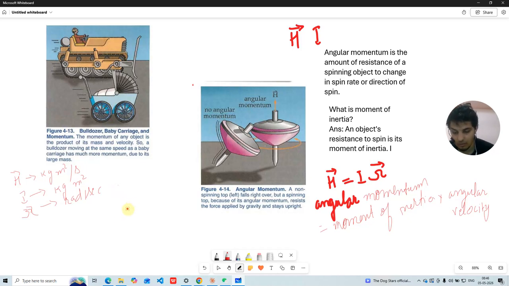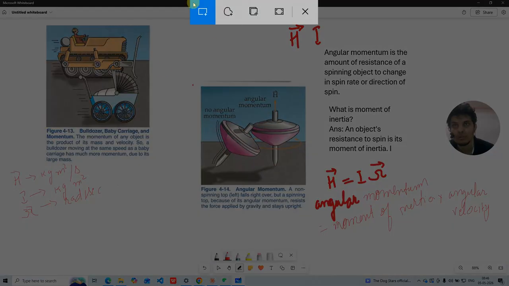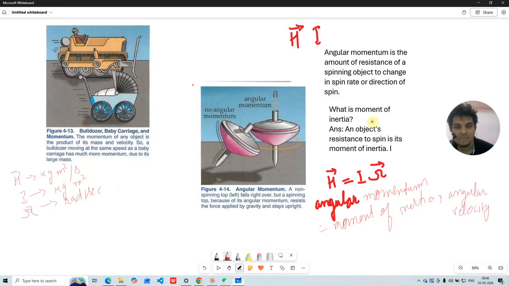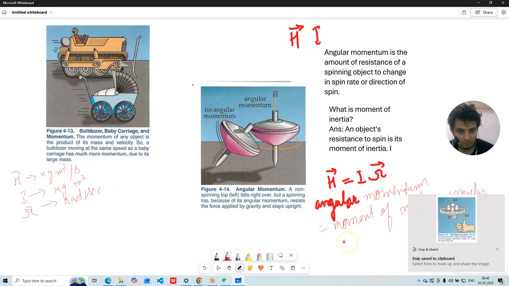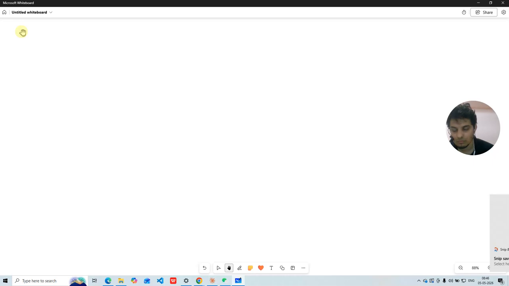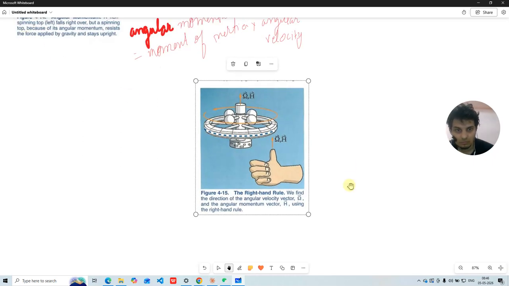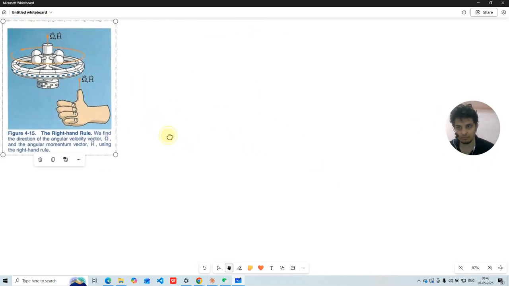Let's see the right hand thumb rule of angular momentum. We find the direction of angular velocity vector omega and the angular momentum h using the right hand thumb rule.